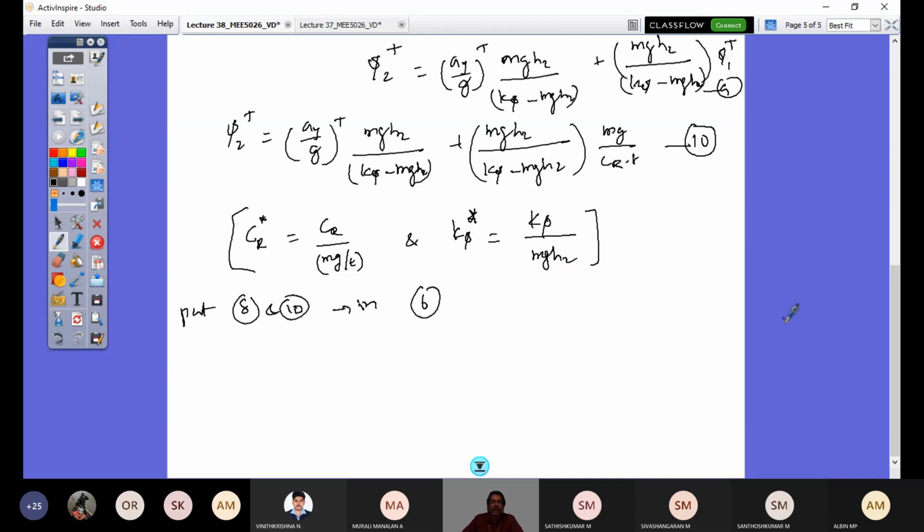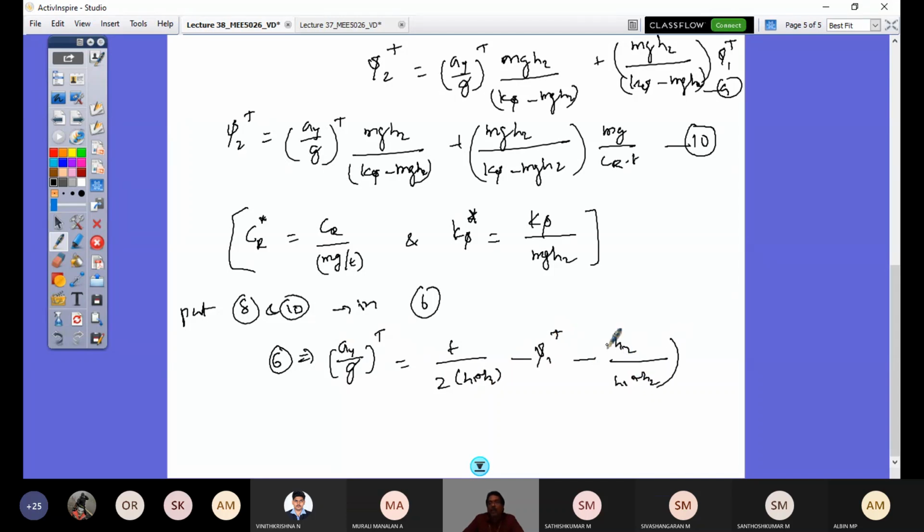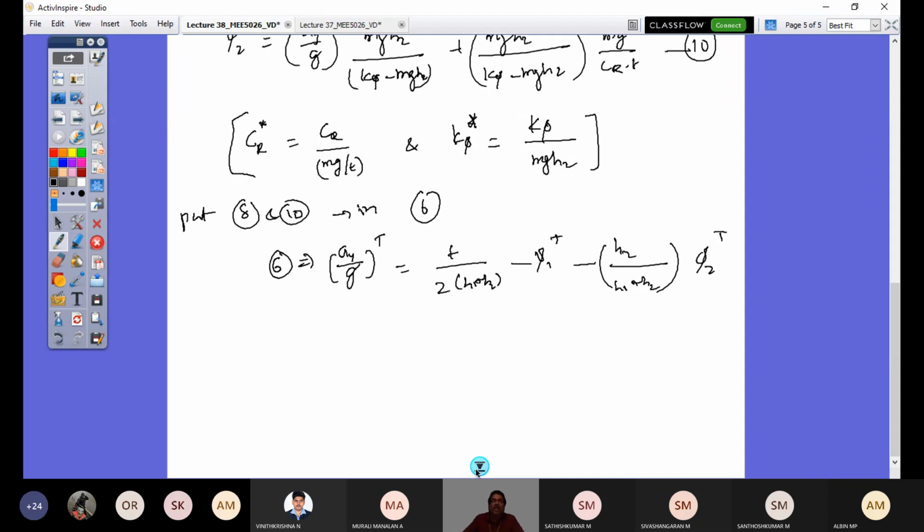What was it? ay by g threshold value would be t by 2 into h1 plus h2, minus phi 1 t minus h2 by h1 plus h2 into phi 2 t. In this I have to substitute equation 8, that is phi 1 t, and equation 10, that is for phi 2 t, with this normalized CR star and k phi star. If I do that and continue, I would end up with this equation. I leave it to you to work out.